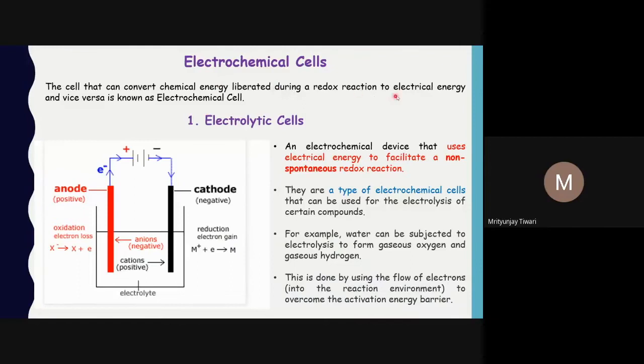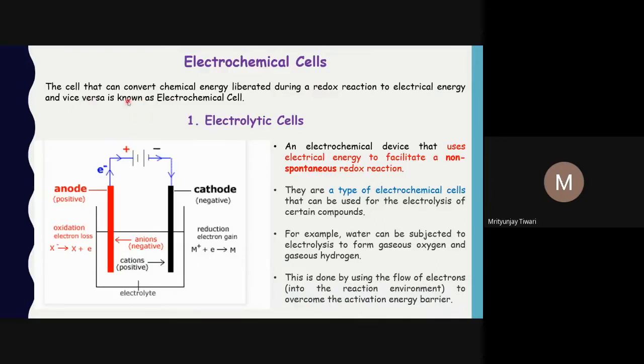Now coming to the electrochemical cell, as I said, it is the cell that converts the chemical energy liberated during a redox reaction into electrical energy. This device, the electrochemical cell, converts that energy into electrical energy, or the vice versa can also happen. It provides electricity to drive certain reactions which were non-spontaneous, as we have seen earlier.